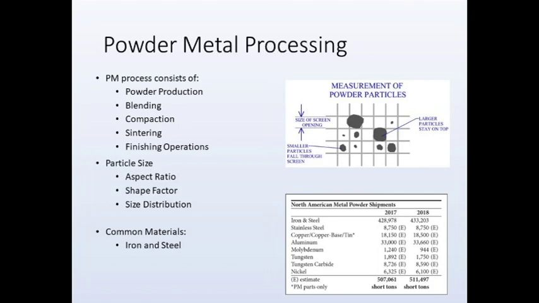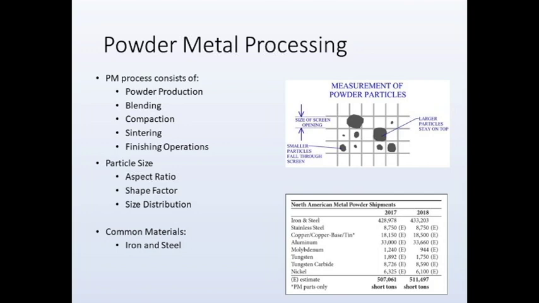It is blended with what we talked about earlier, a binder and lubricants of sorts to help improve these flow characteristics. And then it is compacted using a clamping force, and we'll cover that in a later slide.